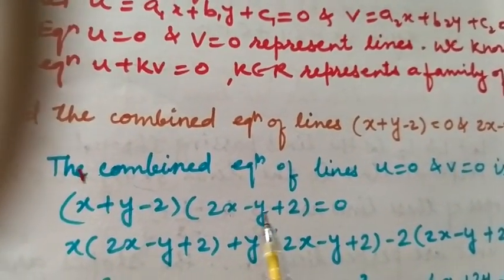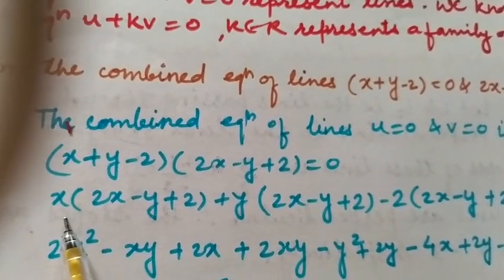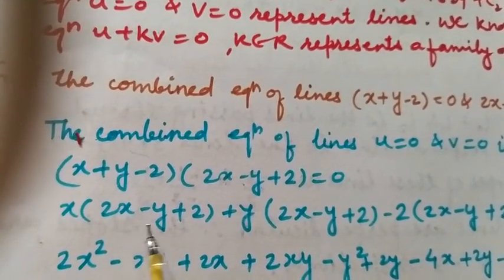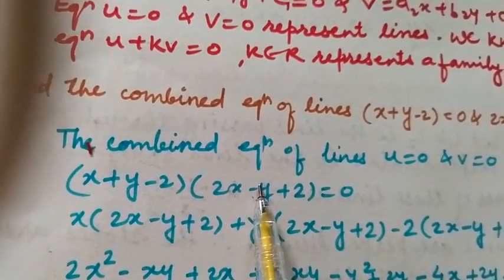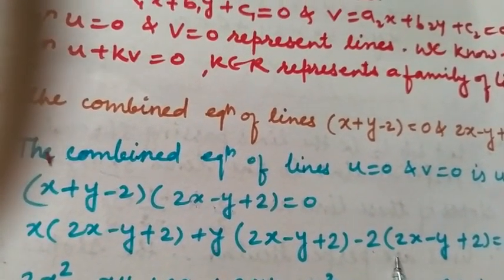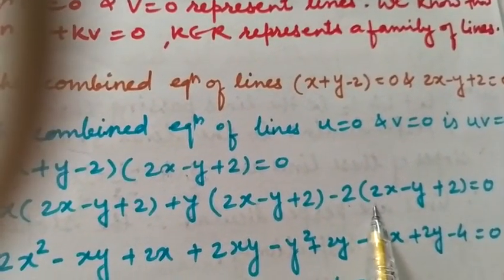Now simplify this equation. x completely multiplied with this, then plus y completely multiplied with this, then minus 2 multiplied with 2x minus y plus 2 equal to 0. Simplify now.